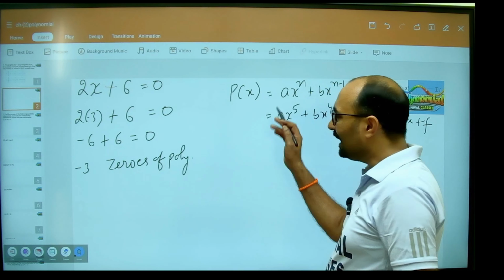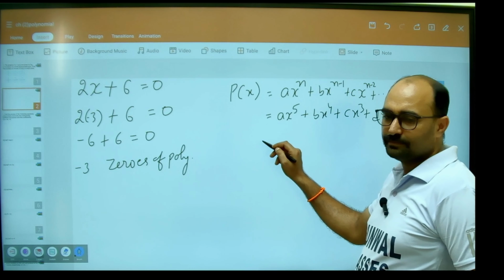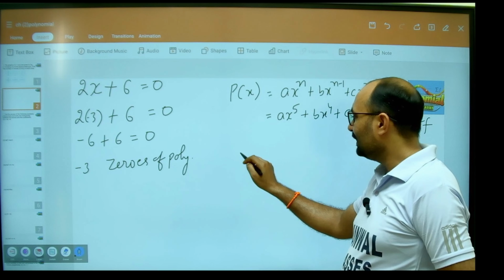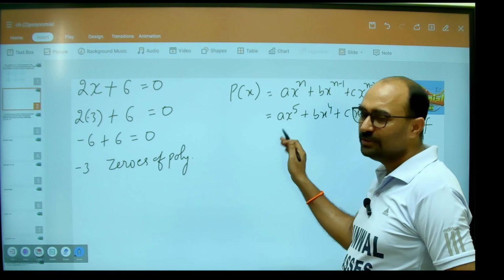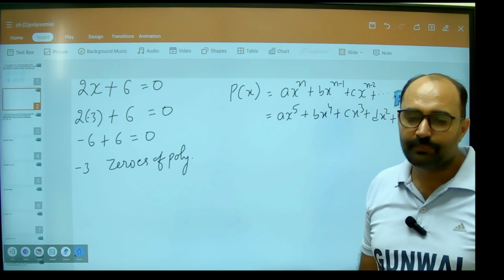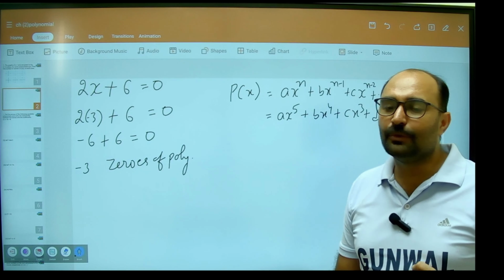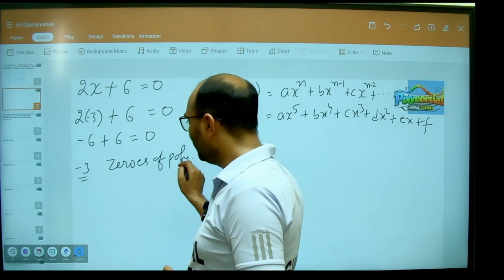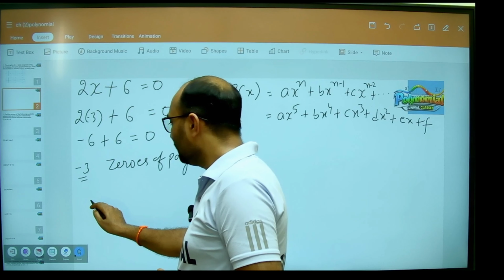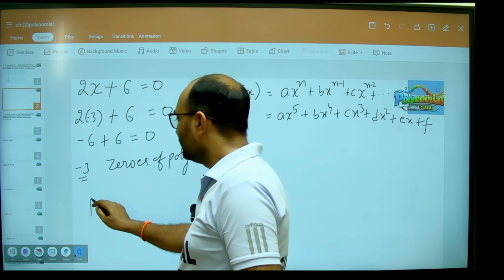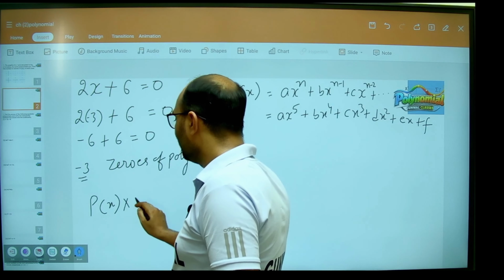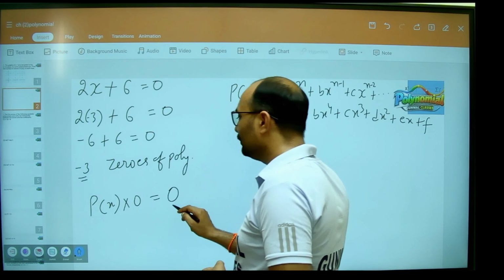If you multiply any polynomial with 0, this leads to 0. This is known as zero polynomial. This value is known as zeros of polynomial.